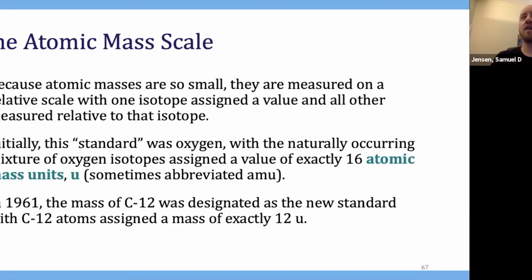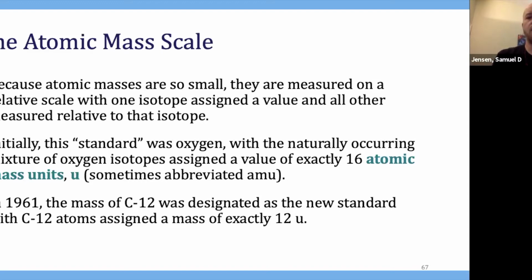But the atomic mass unit, or AMU as we call it, is not really a functional unit. It doesn't help us to do anything. So we have to put a real world unit onto those numbers that we see on the periodic table.